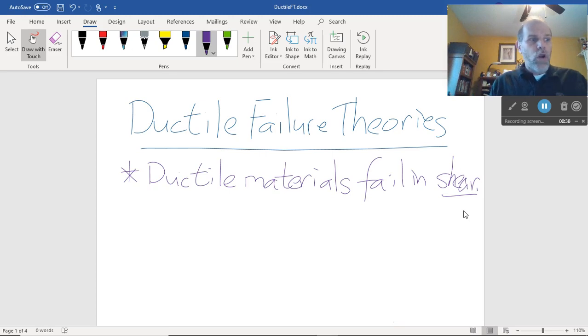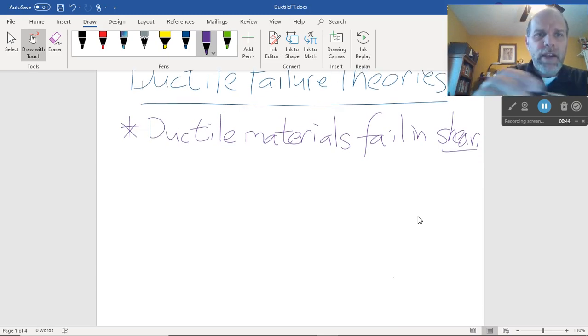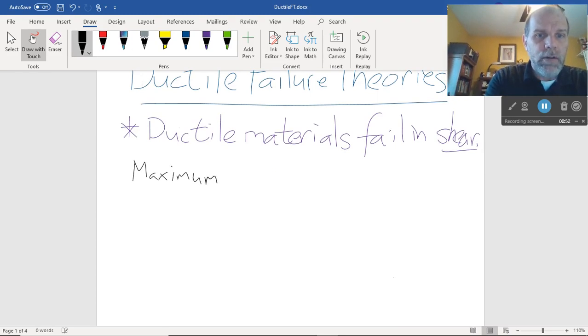So what we have then are a couple of failure theories that try to take advantage of that. The first one is something called, rather uncreatively, the maximum shear stress theory.